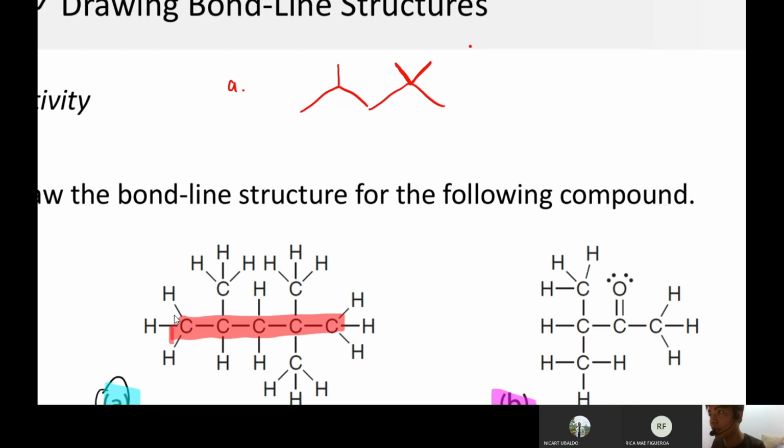So again, highlight ko yung mga carbons na important, no? So this is the first carbon. This is the second carbon, and mapapansin niyo sa second carbon may nakadugtong na CH3. So yan, binilugan ko siya, no? This is the third carbon, wala naman special sa kanya. Then this is the fourth carbon, no? So sa fourth carbon, may tatlong CH3 na nakadugtong sa kanya.